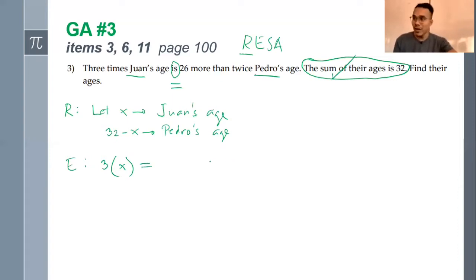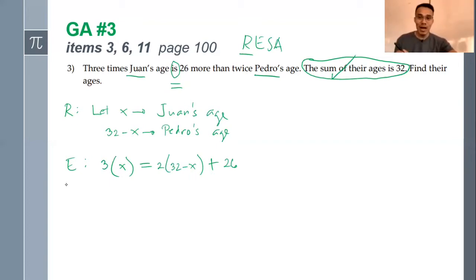So I have here plus 26 twice Pedro's age. Twice Pedro's age is 2 times 32 minus X. This is the correct translation of this statement. Thrice Juan's age is 26 more than twice Pedro's age.